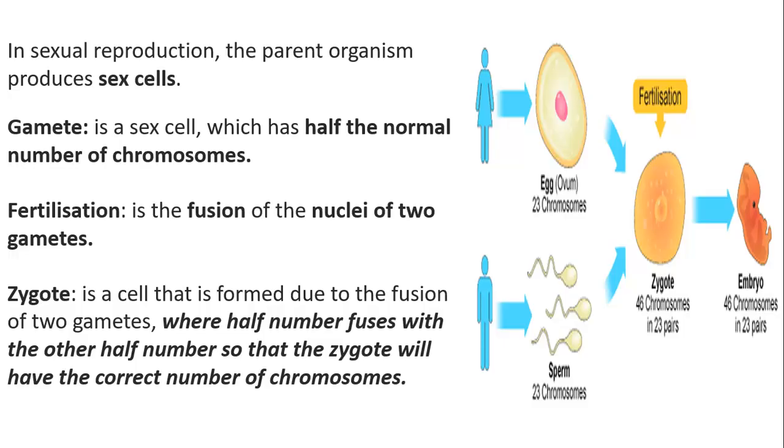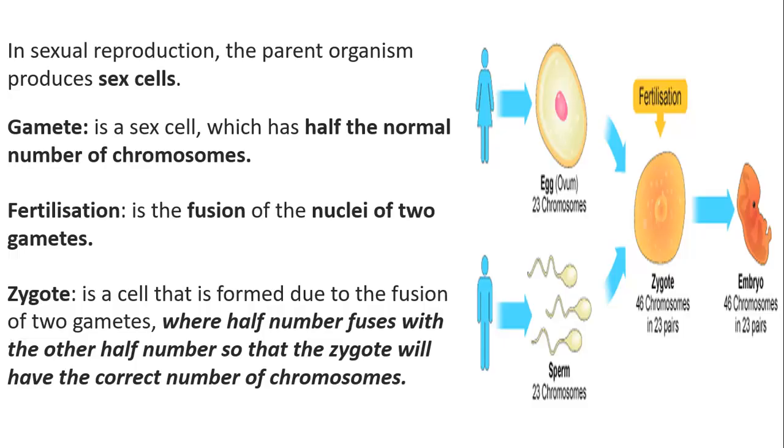So in order to get new organisms from the same species with the same number of chromosomes, the gamete cell should have half the number of chromosomes, so that when fertilization happens, which is the process of the fusion of the two nuclei, the zygote that is formed will contain the full number of chromosomes, the correct number of chromosomes.